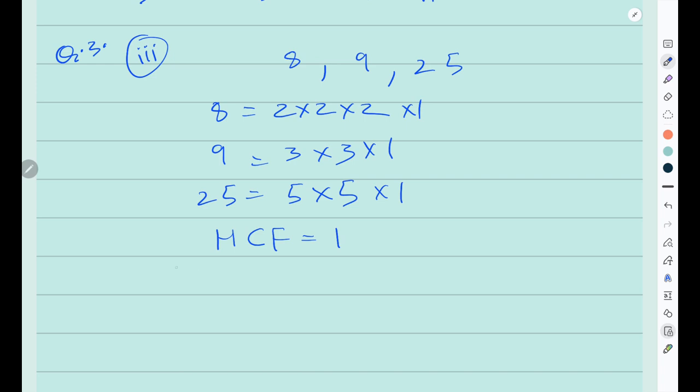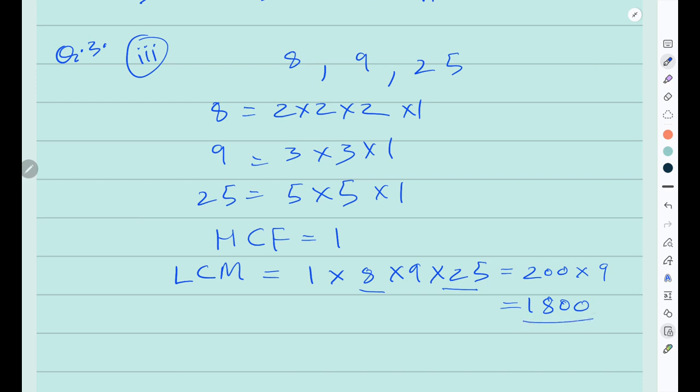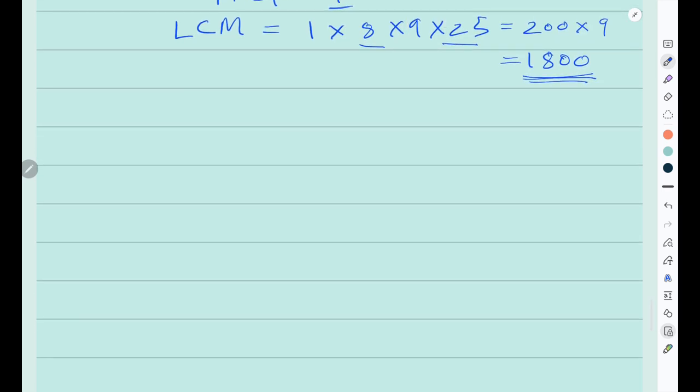And then for finding LCM, as there are no common factors, we need to multiply all these numbers together to get the LCM. Okay, so these two multiplied together, 200, multiplied by 9, so we get 1800. So 1800 is LCM and 1 is HCF. Okay, let us just go forward.